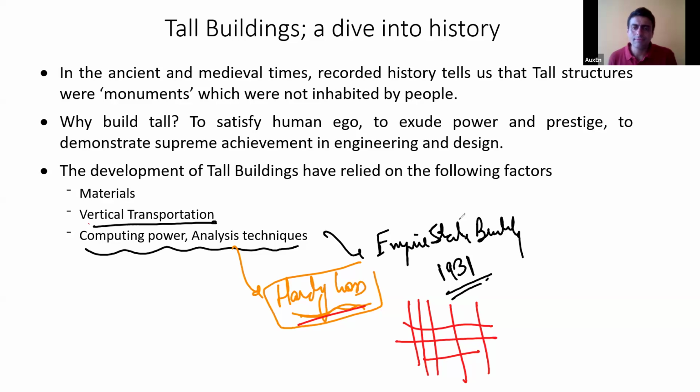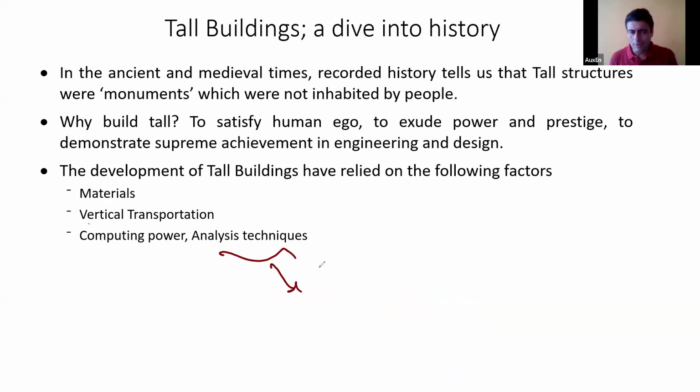Are you getting this point? So in the 1960s, 1970s, because computers started happening in the USA, because you started getting increased computing power, what happened? Now you could come up with more irregular, non-linear shapes, which earlier you could not analyze.